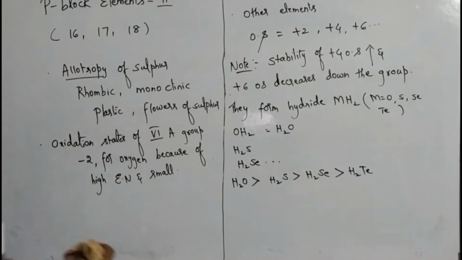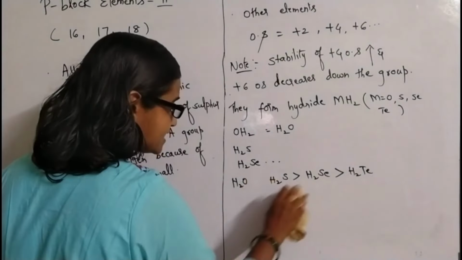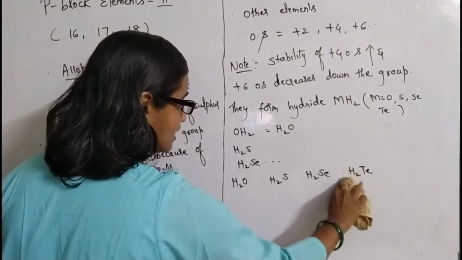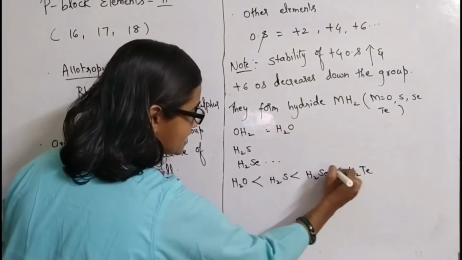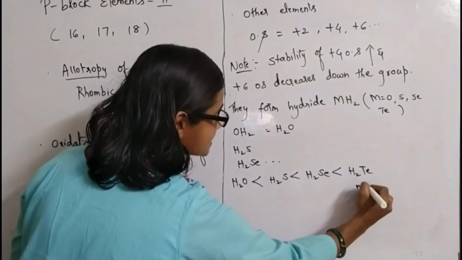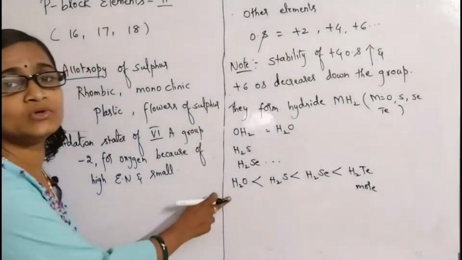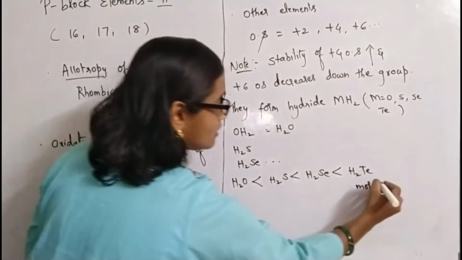Acidic nature increases from water to H2Te. Water is less acidic, H2Te is more acidic. Actually water is neutral, you know that.